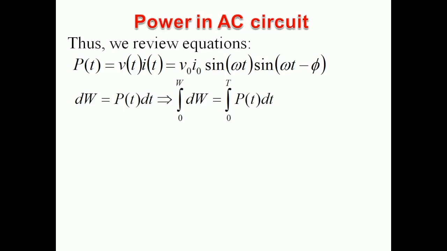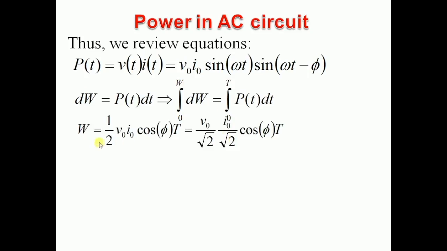Now here we have P of t equal to V of t into I of t, and the work done dW is equal to P of t dt, and performing integration we have integration dW for one complete cycle. W runs from 0 to capital W, and time runs from 0 to capital T, and we have this sort of equation 1 by 2 V0 I0 cos of phi into capital T.